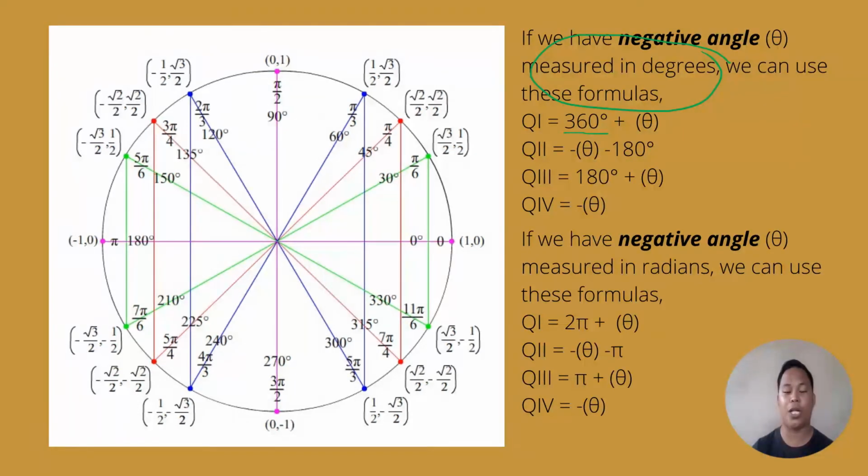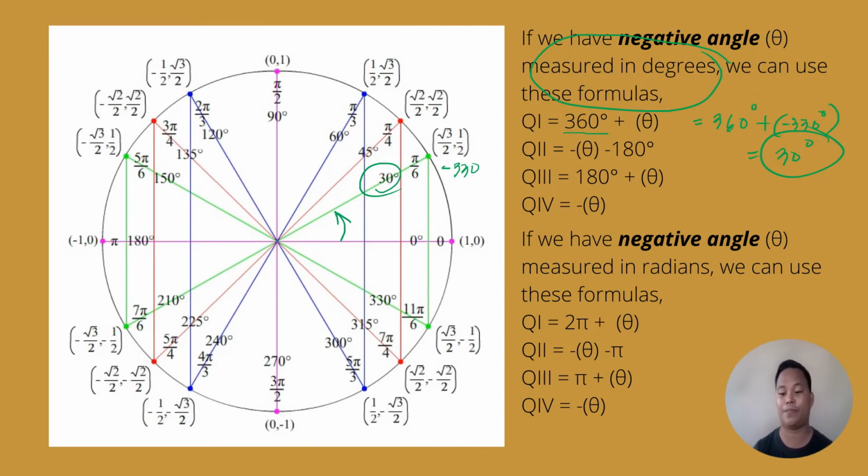So, for example, we have negative 330 here since this is coterminal to 30 degrees. And since it is in quadrant 1, we need to add negative 330 to 360. And its sum is equal to positive 30 degrees po. Also shows that it is coterminal with 30 degrees.